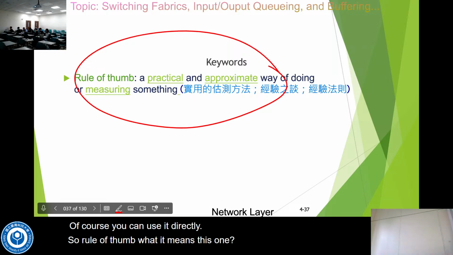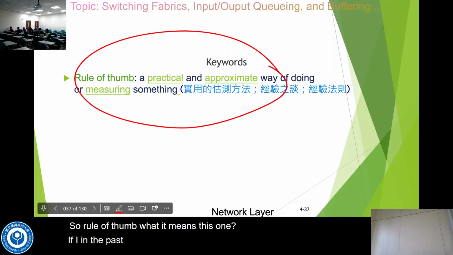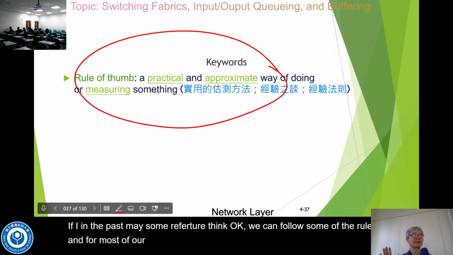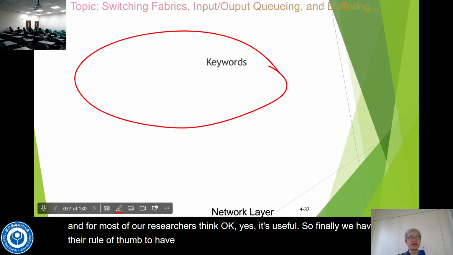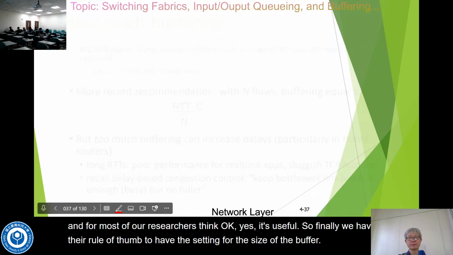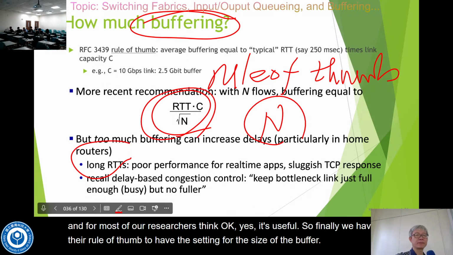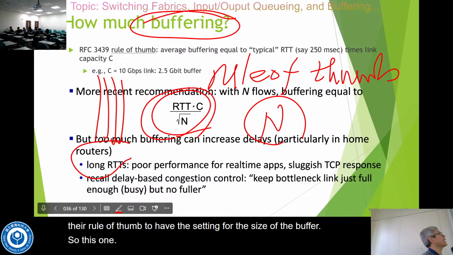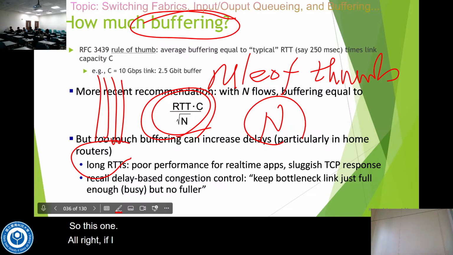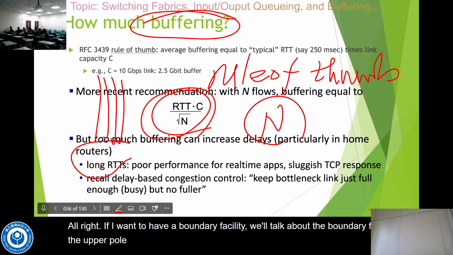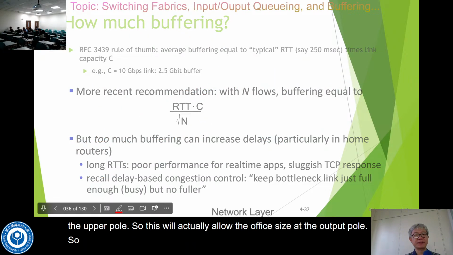In the past, some researchers thought we could follow some rules, and most researchers thought yes, it's useful. So finally we have that rule of thumb for setting the buffer size. Specifically, we talk about buffering for the output port. This rule gives the buffer size at the output port, just for your reference.